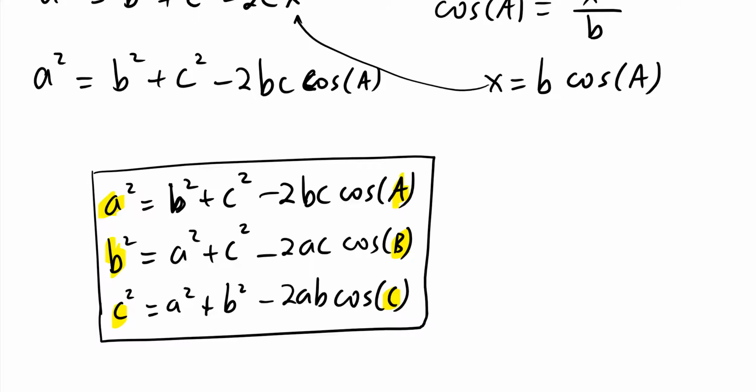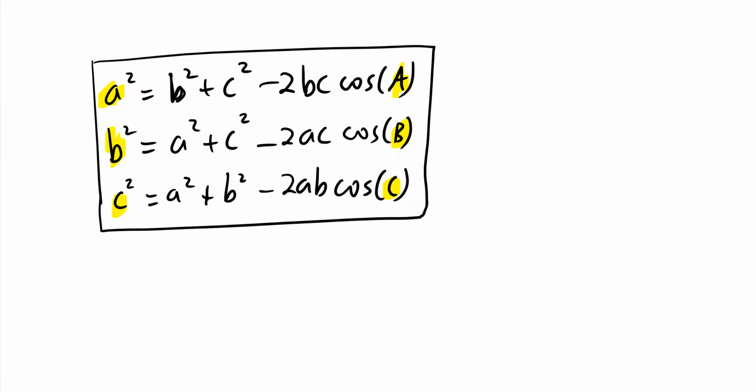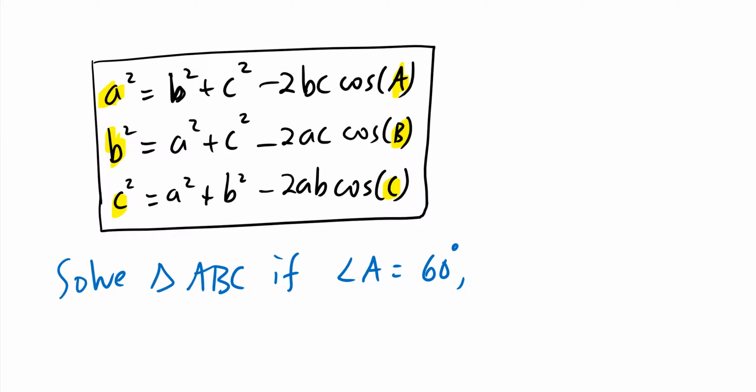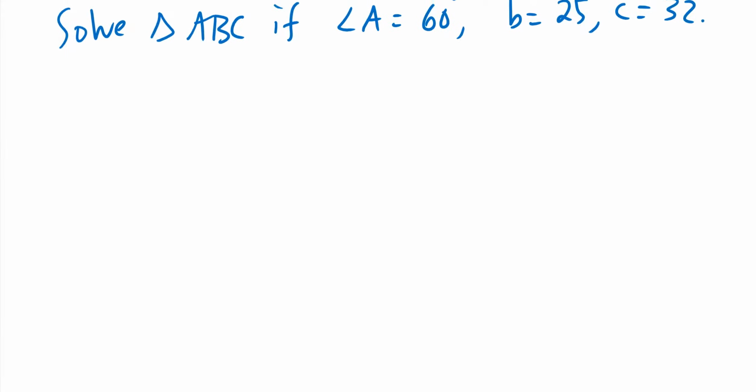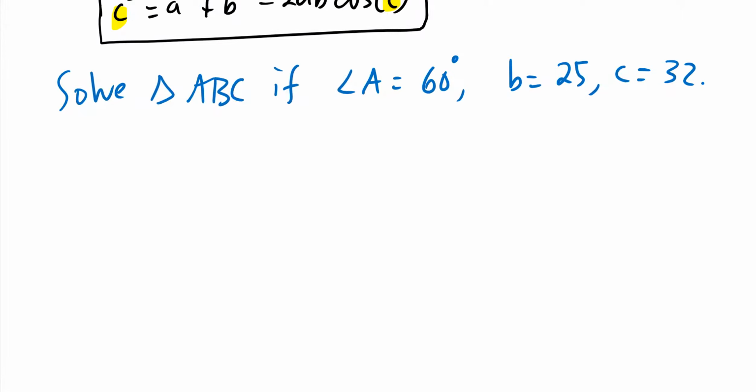Can we apply this to an example to see how this works? Solve triangle ABC if angle A is 60 degrees, b is 25, and c is 32. First thing, they give me two sides and one angle.